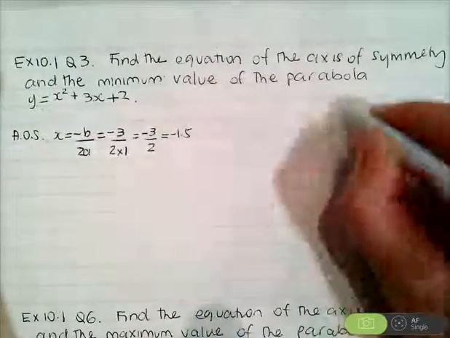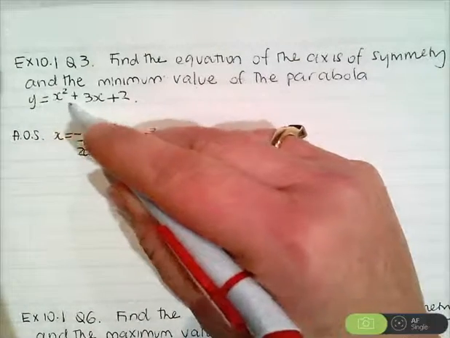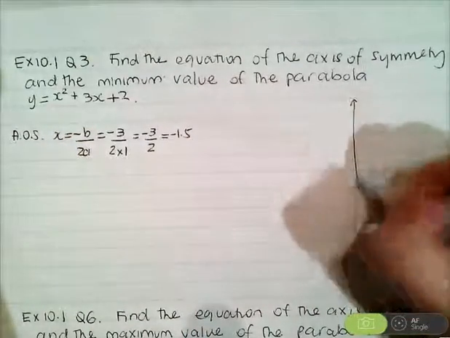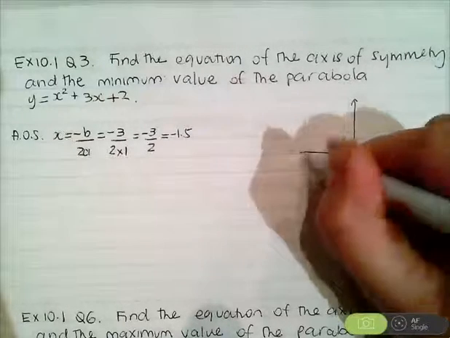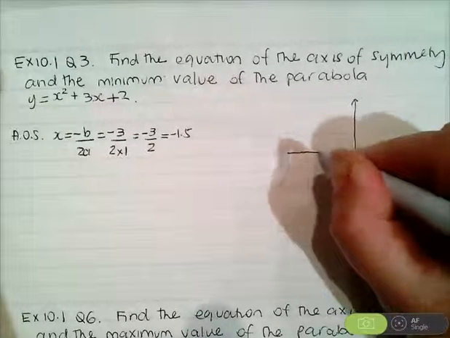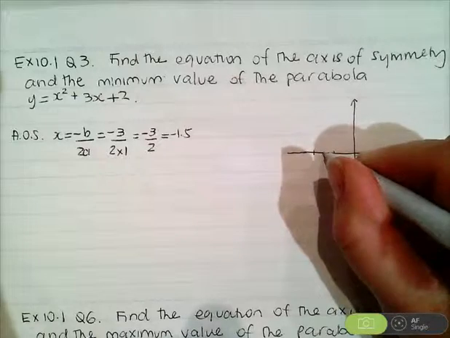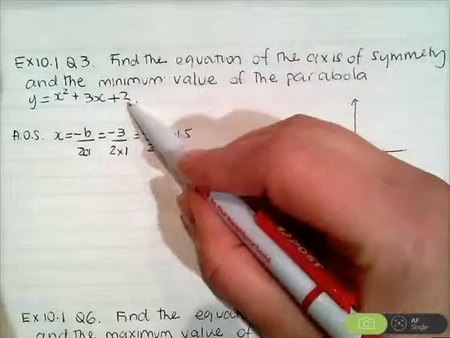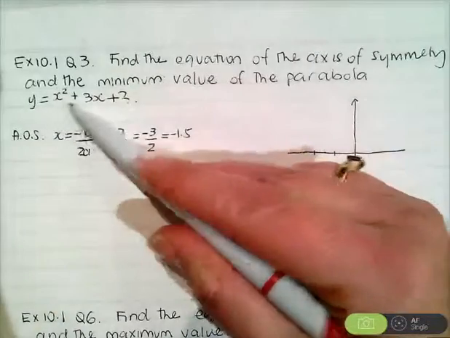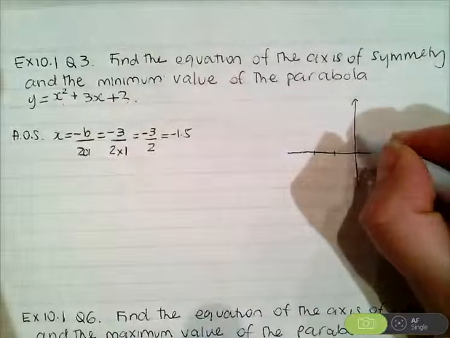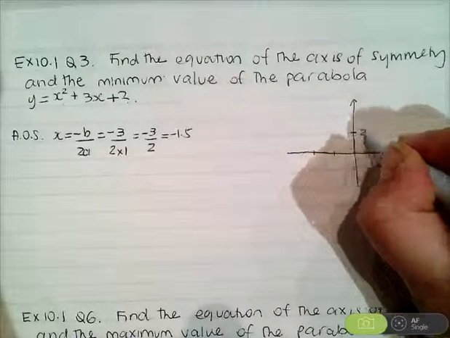And the minimum value, we know that this is a concave up parabola. I really don't have much detail here. All that I know is that the axis of symmetry is at negative 1.5. I also know that when x is 0, y is 2, so the y-intercept of my parabola is 2.